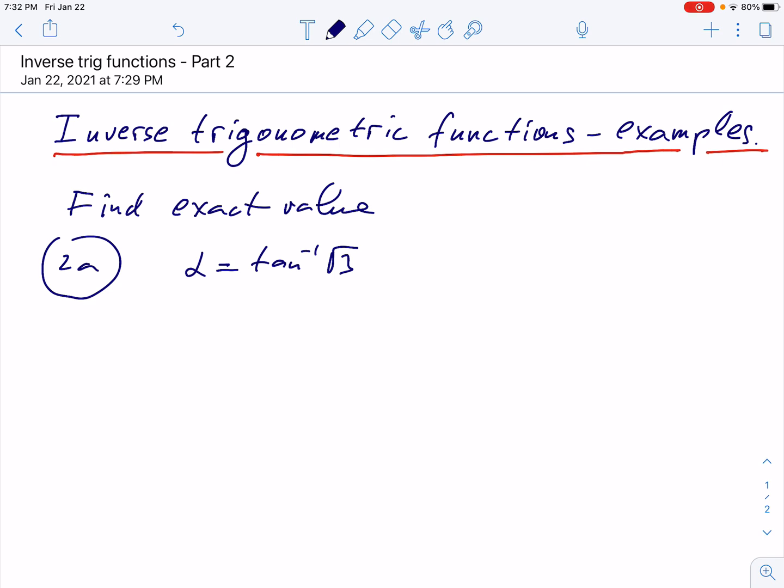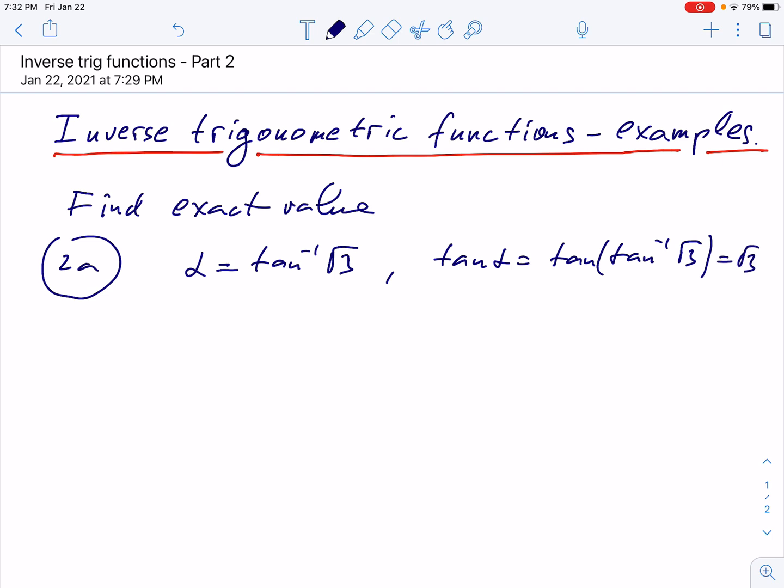Now, if I take tangent of alpha, this will be tangent inverse tangent root of 3. Root of 3 is in the domain of the inverse tangent, and by the fundamental identity, this will be root of 3.